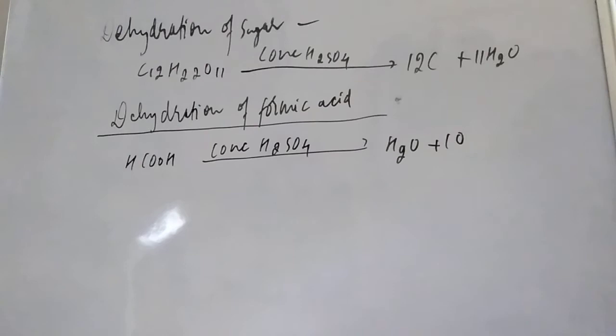Many other gases, such as oxygen, nitrogen, chlorine, and HCl, do not react with concentrated sulfuric acid, so they can be dried by sulfuric acid. Here is one more note, student, that you should keep in mind.